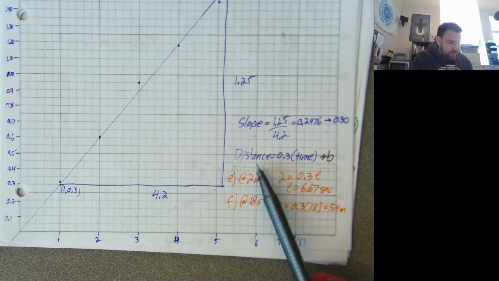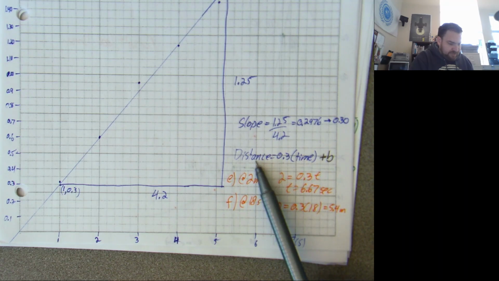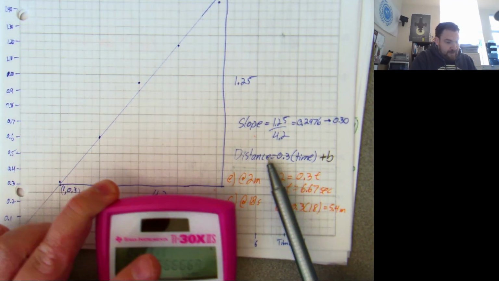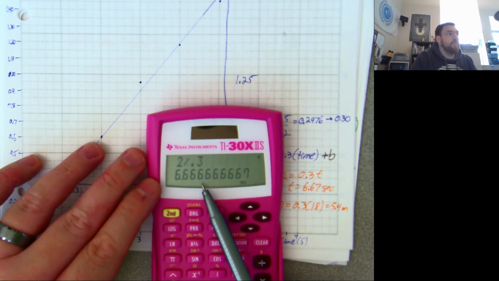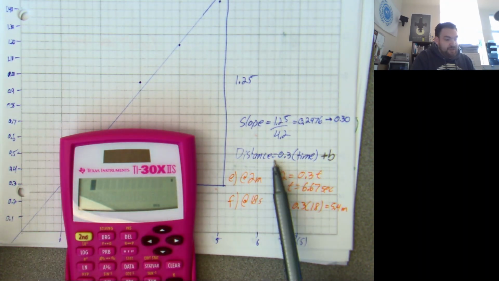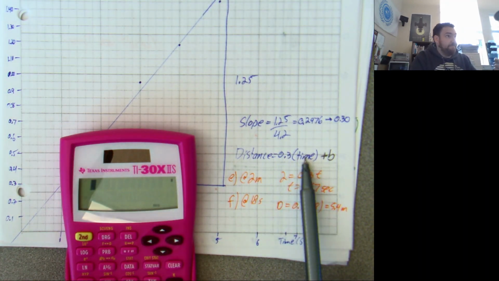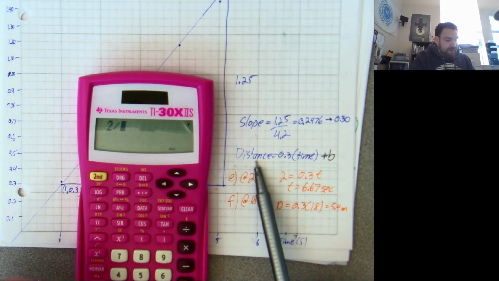I want to check my equation now. Solving this for the time, 2 meters divided by 0.3. I don't know, man, if you use the equation, it's pretty bang on, even with yours. If distance equals your slope, 0.25 times time, to solve for time I put my distance in there, the 2 meters, and I divide it by 0.25.